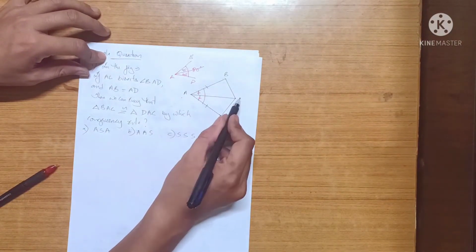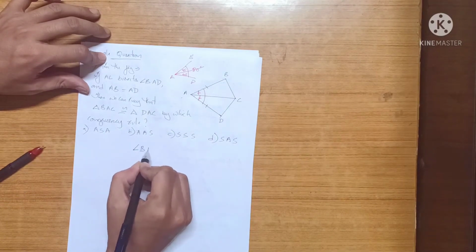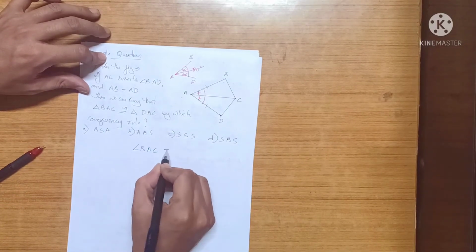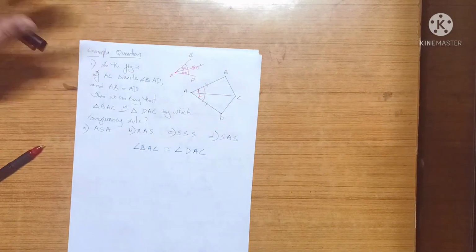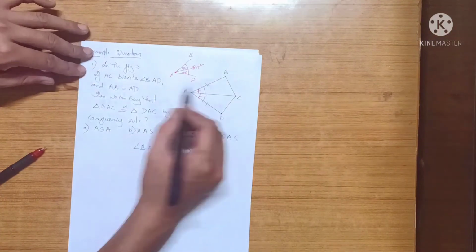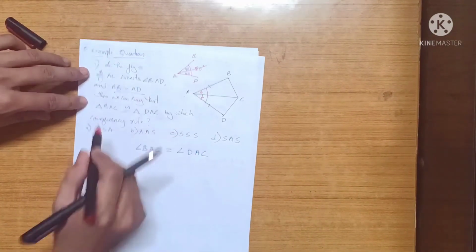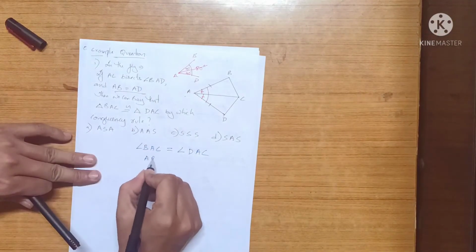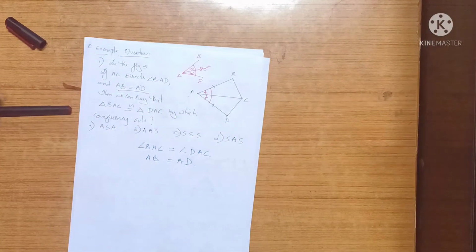If AC is the bisector of BAD, it literally means that angle BAC is equal to angle DAC. So we have one pair of equal angles. In the question, they have already given us AB equal to AD. But that's it.